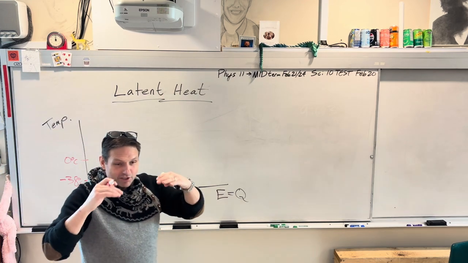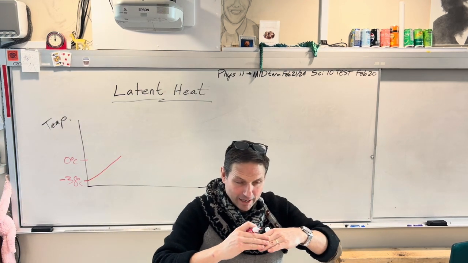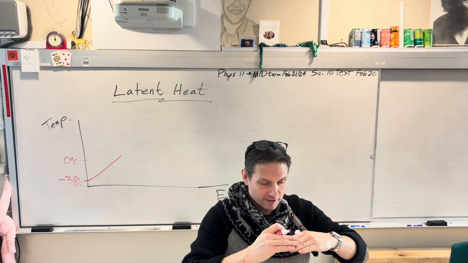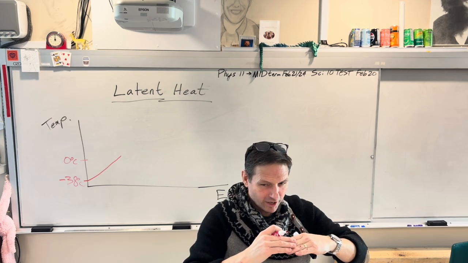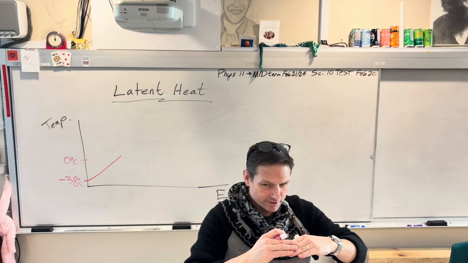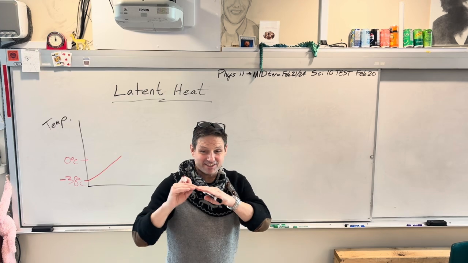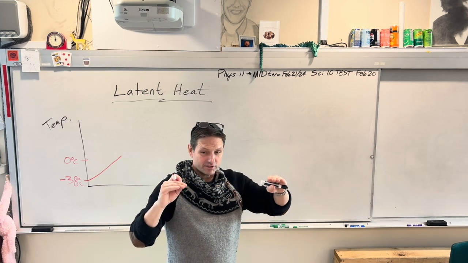When you get to 0, what happens to ice at 0? Huh. But not right away, actually. You put more energy into the ice and it stays 0 degrees Celsius.